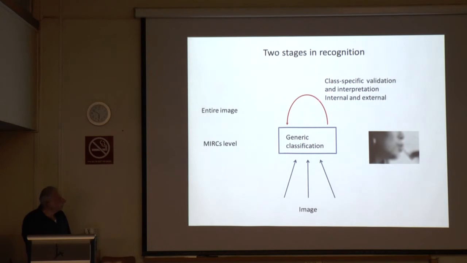So the initial activation of a class candidate by the bottom-up process will trigger the extraction of additional, more complicated features and complete the recognition process together with performing the internal interpretation.